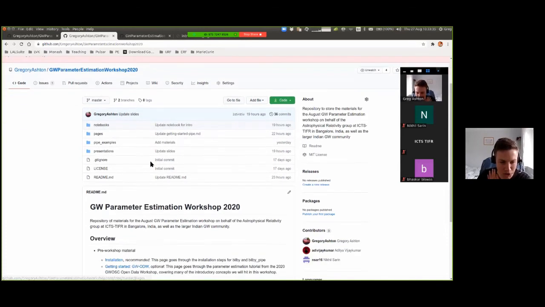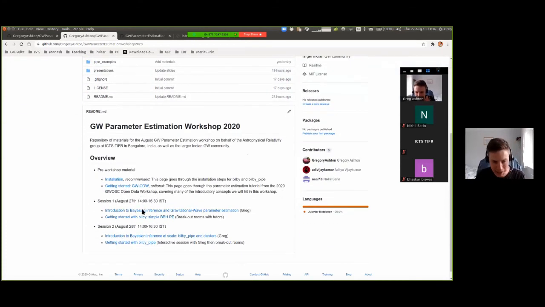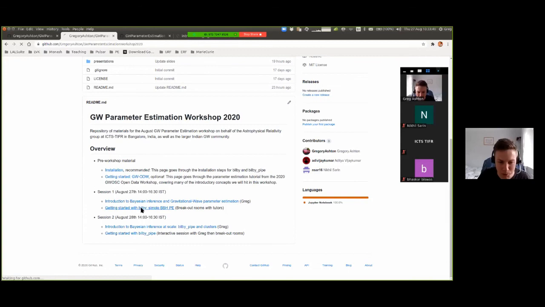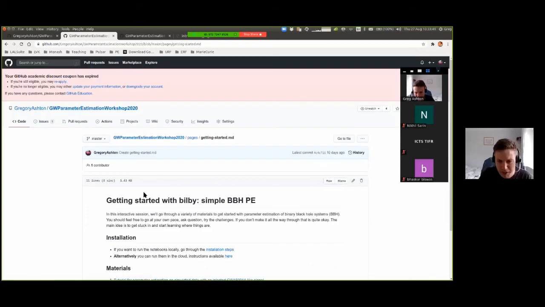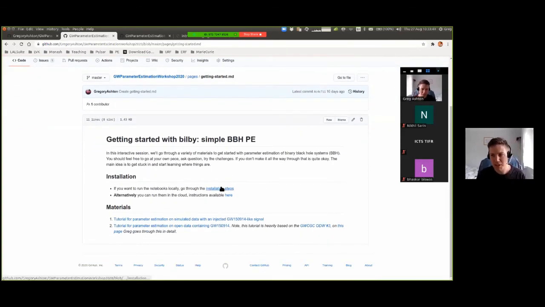On the overview page here, I'm hitting on getting started with Bilby, the interactive session. They say there are 2 methods to do this. One is you can use IPython notebooks or Jupyter notebooks, as they're now called, locally. And if you have things installed, you can do that.